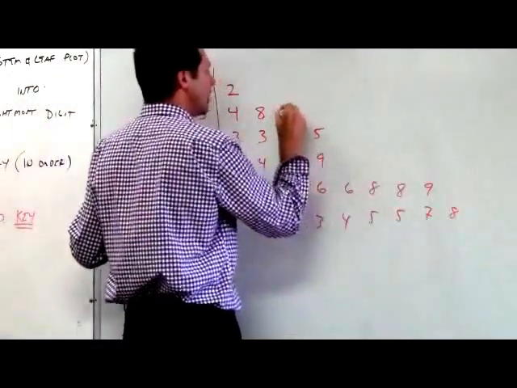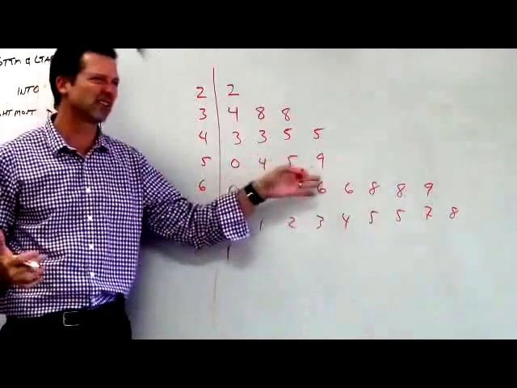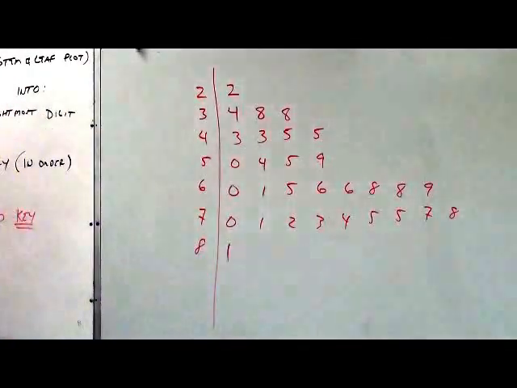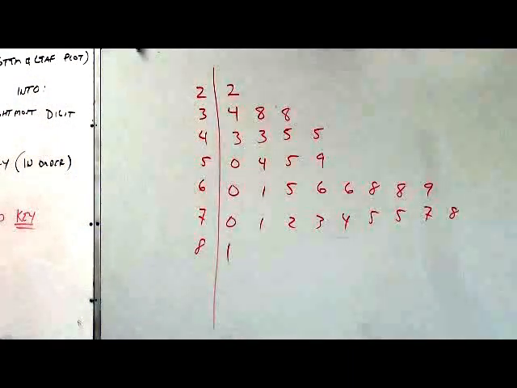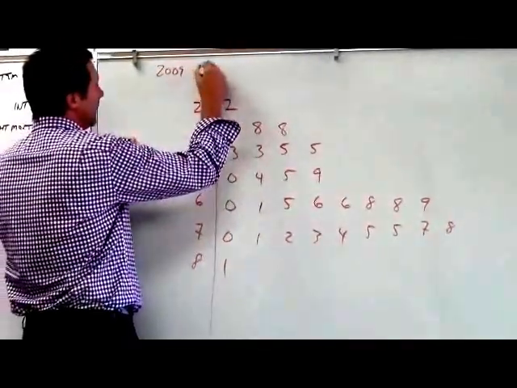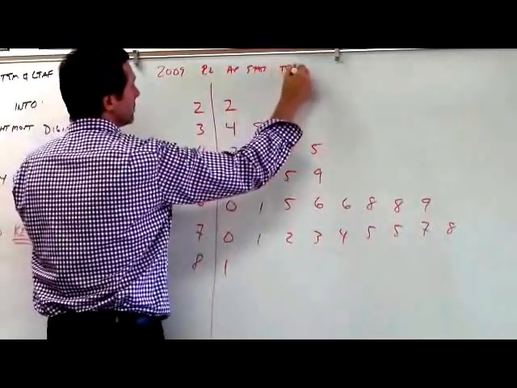Also, I don't ever want to see commas over here. I've seen stem plots that have commas or decimals. I don't want any of that stuff over here. That's what I want it to look like. All right, we're almost there. Next thing we need to do is title this, just like we've done before. So, I don't know, that's 2009, period 2, AP Stats, test scores.